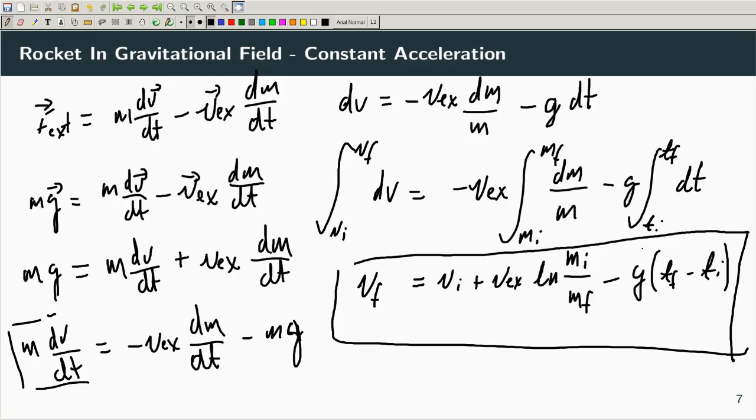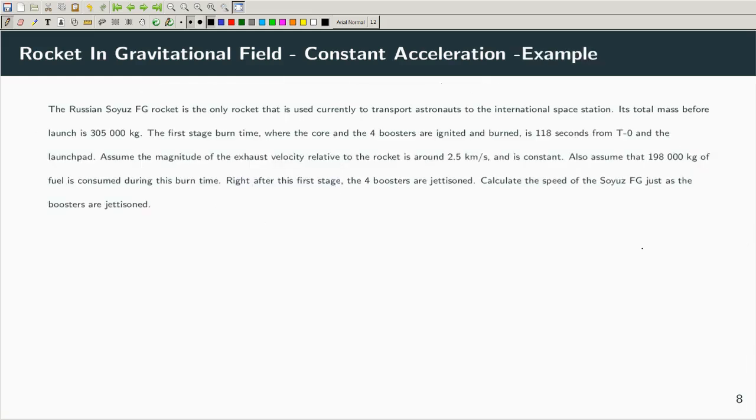Now, let us go to an example. The Russian Soyuz FG rocket is the only rocket that is currently used to transport astronauts to the International Space Station. Its total mass before launch is 305,000 kilograms. The first stage burn time, where the core and the 4 boosters are ignited and burned, is 118 seconds from T0 at the launch pad.